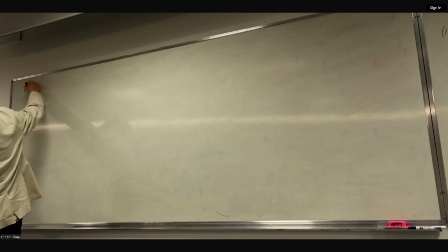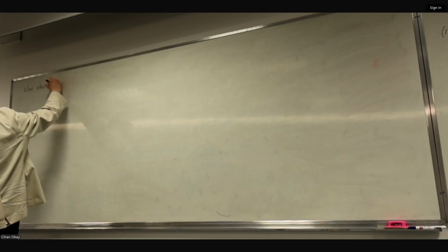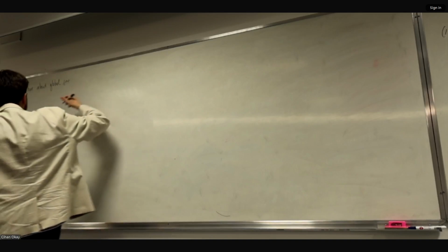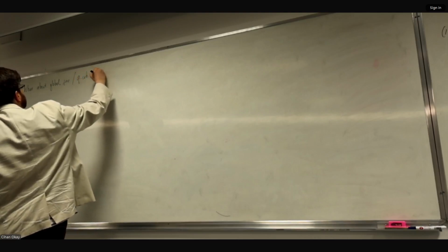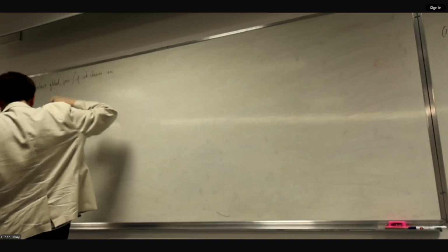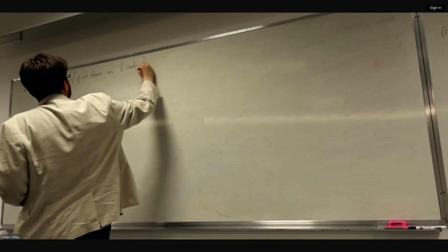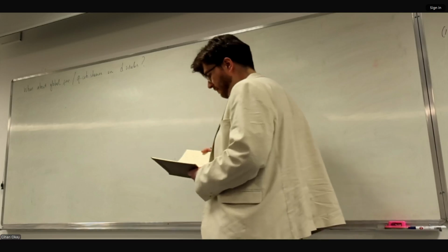So the next question: global functions, or maybe quasi-coherent sheaves on derived stacks. Okay, so what should we understand?